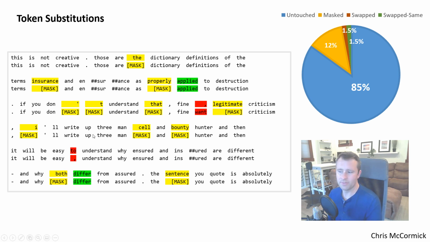Maybe the most notable thing to me is that 12% is kind of a lot. There's a lot of mangled tokens here, right next to each other. Also, the swapping is done after tokenization, so it's quite possible that the swapped token would be a subword. It could be in the middle of a word.